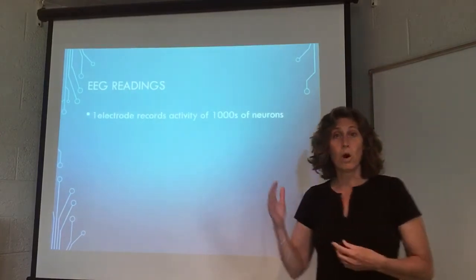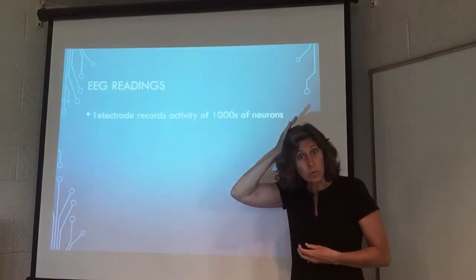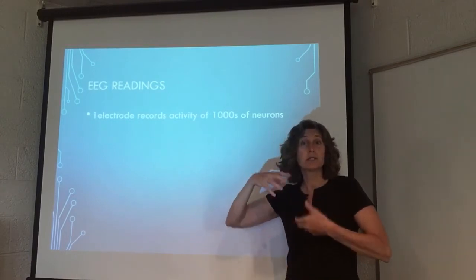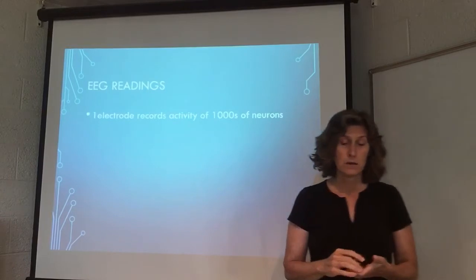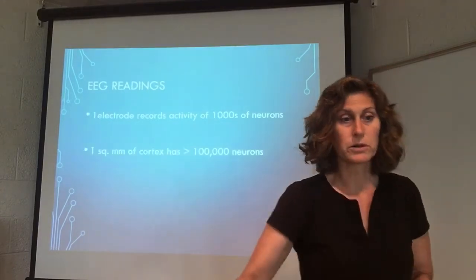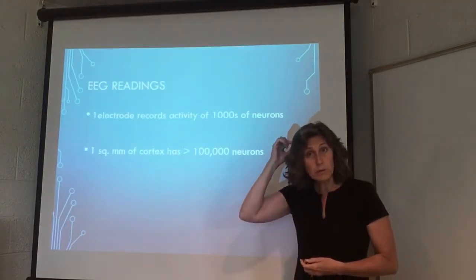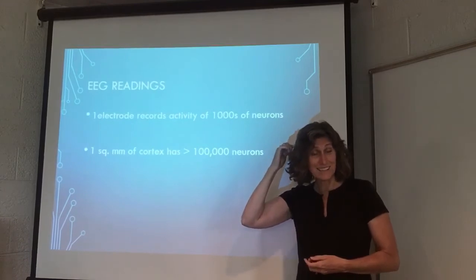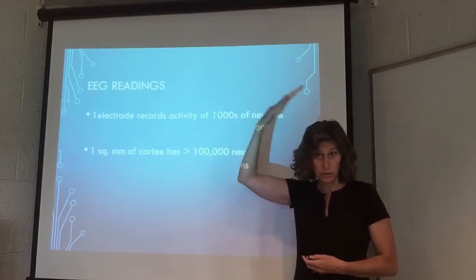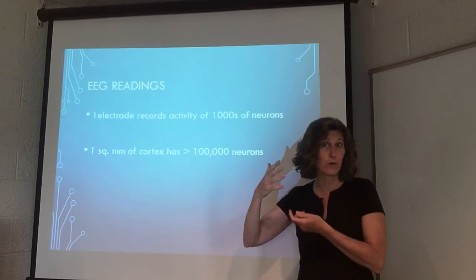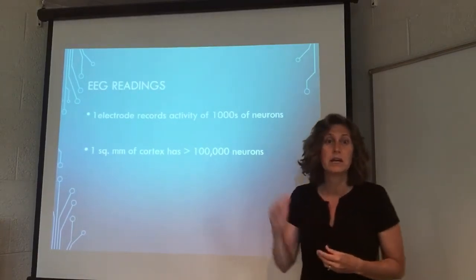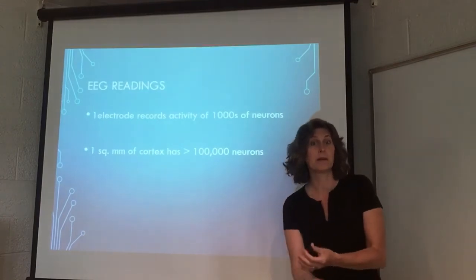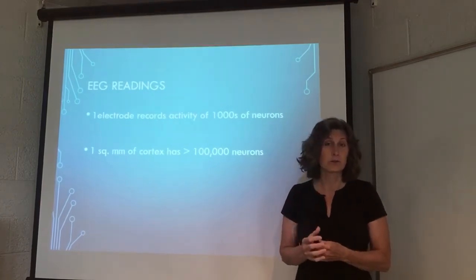So one electrode at the surface of the scalp is receiving information, electrical activity, from thousands of neurons that are in the brain. And kind of similarly, 1 square millimeter of cortex, once you've actually gone down through the layers of the brain and found the cortex, which we're not going to do, but imaginarily, 1 square millimeter has 100,000 neurons in it.